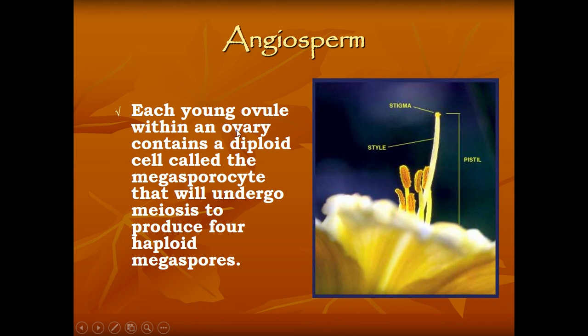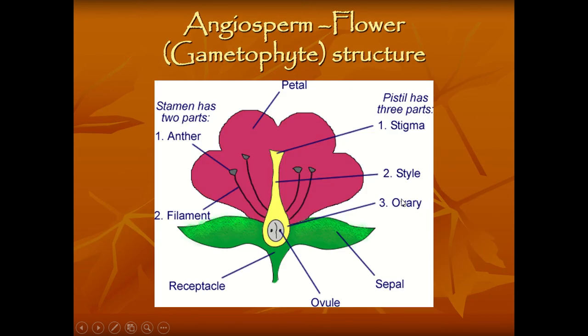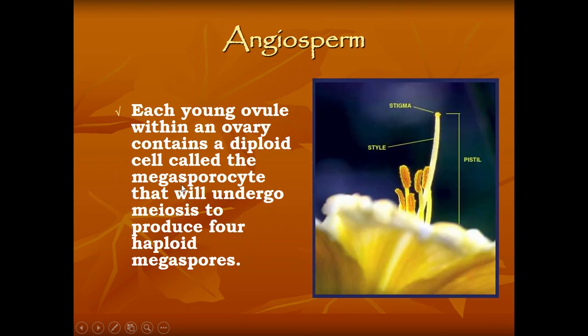The other sperm cell will merge with the polar nuclei to form the endosperm. Each young ovule within the ovary contains a diploid cell. As you can see here, the ovule inside the ovary will produce a megasporocyte.